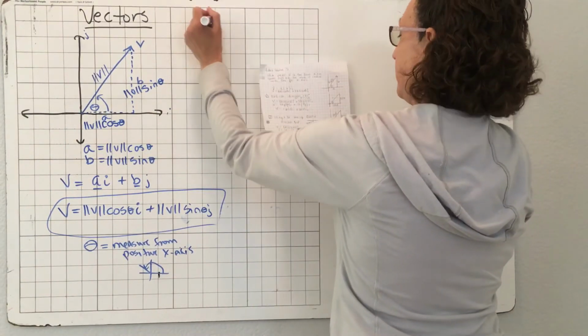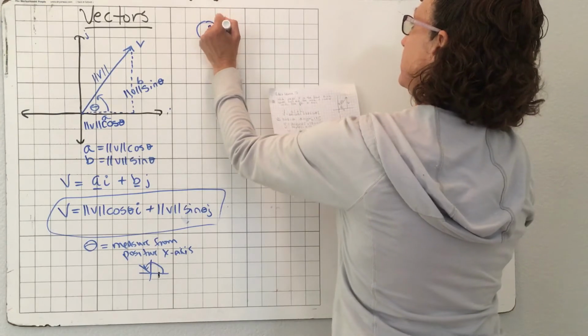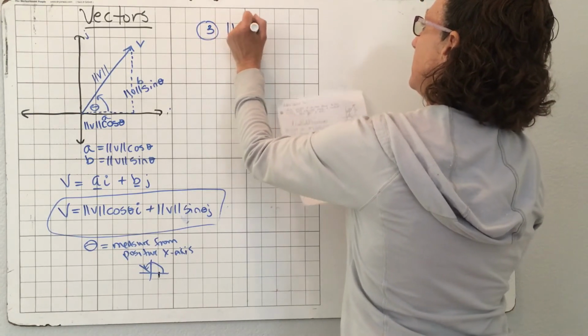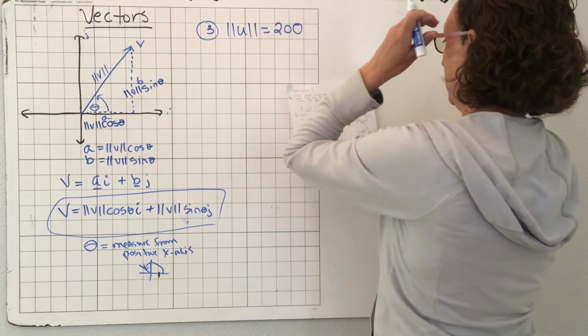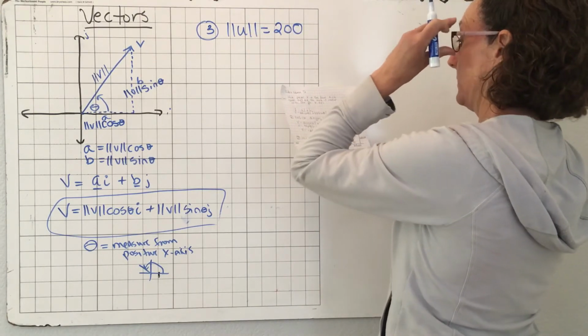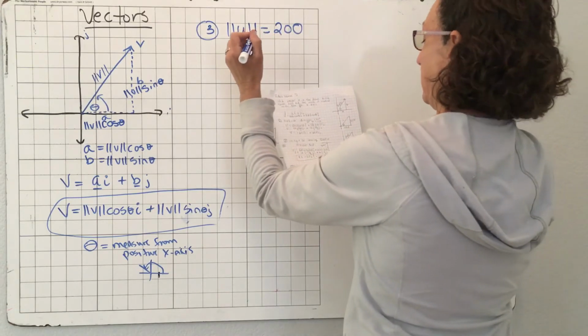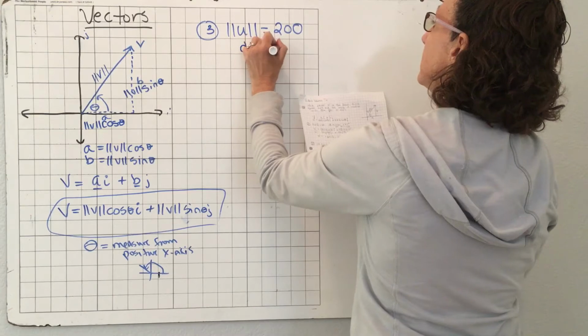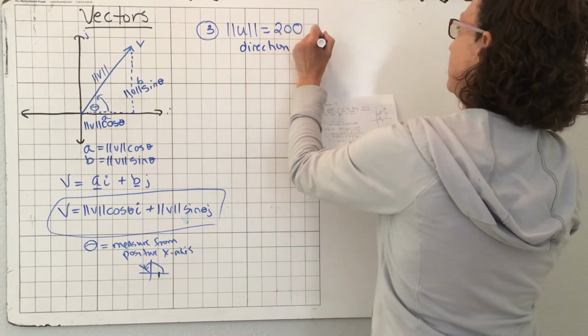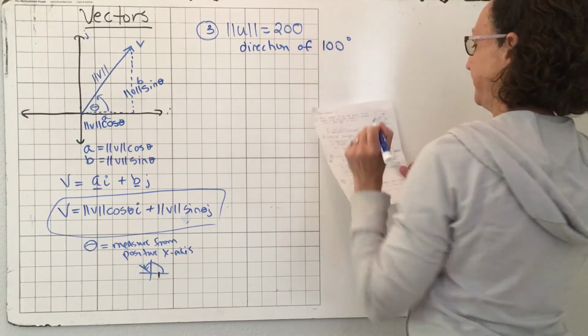Okay, so problem 3 is vector u has a magnitude of 200 and a direction of 100 degrees.